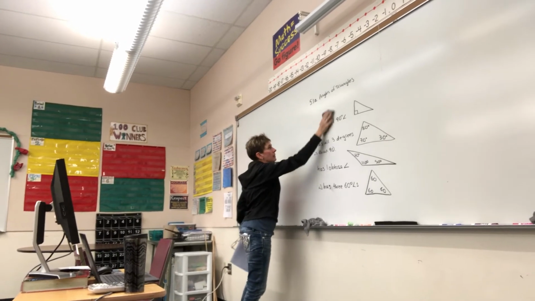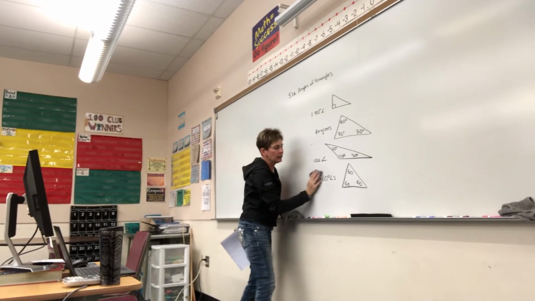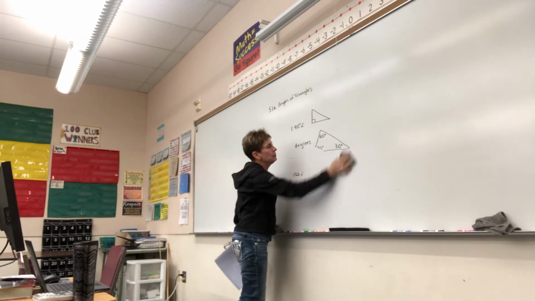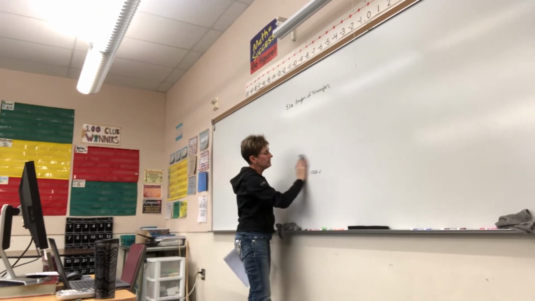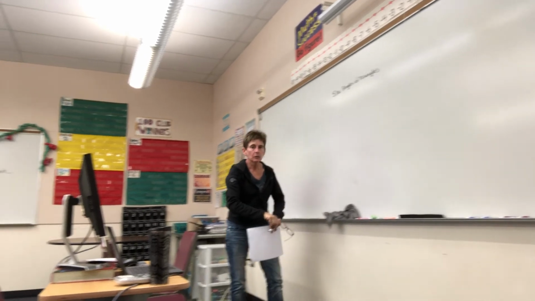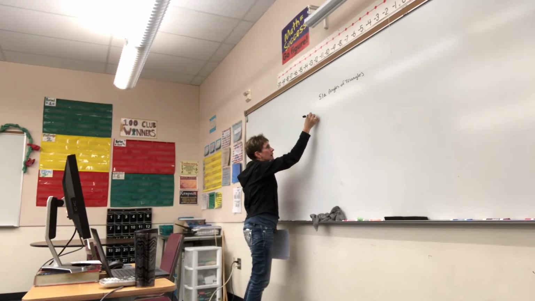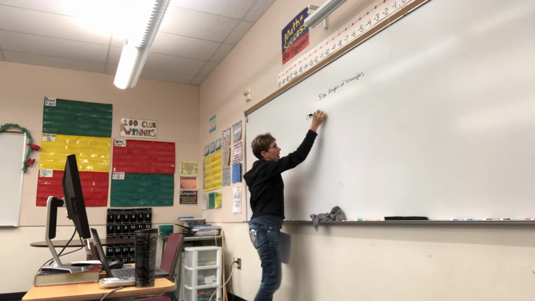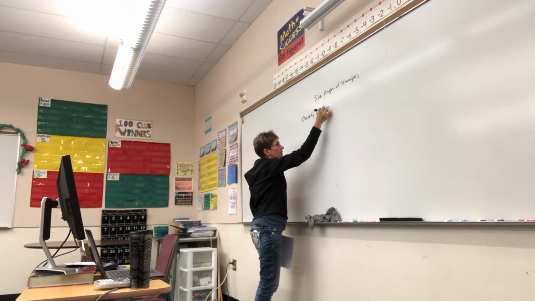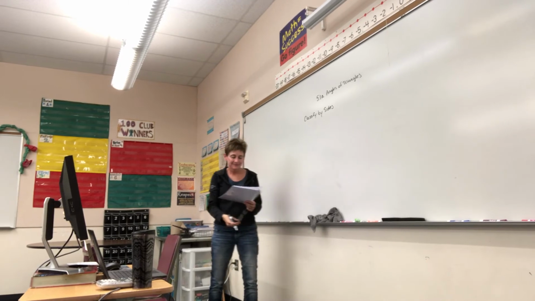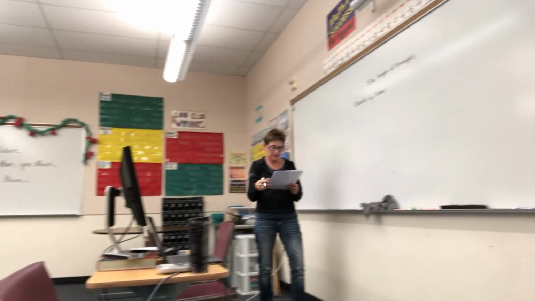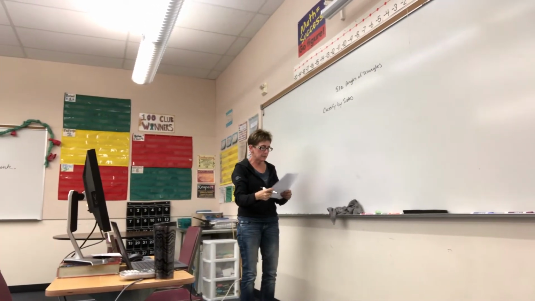Now we're going to talk about how you classify a triangle by its sides. So we're going to write at the top, classify by sides. Okay, so there's 3 basic ways we can classify by sides.